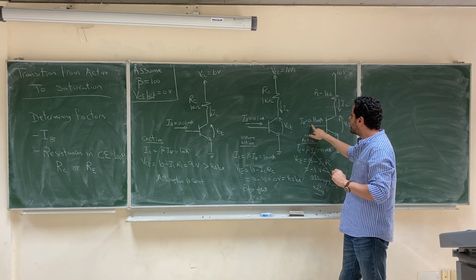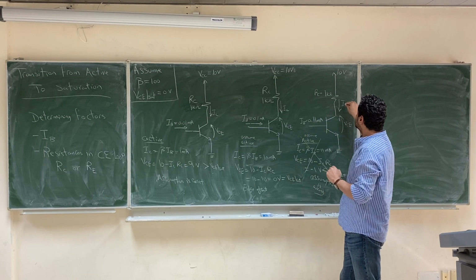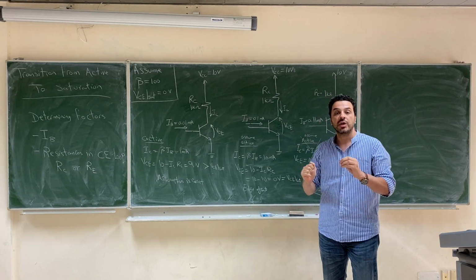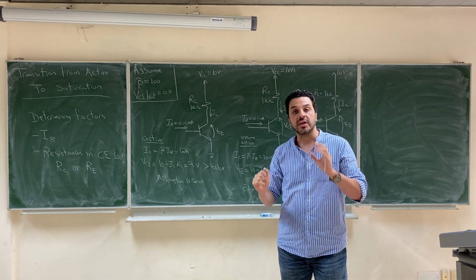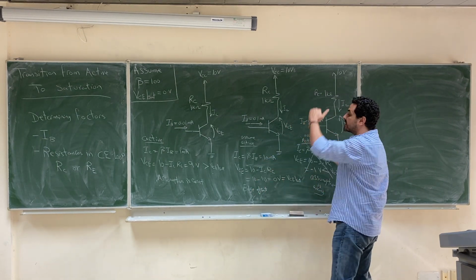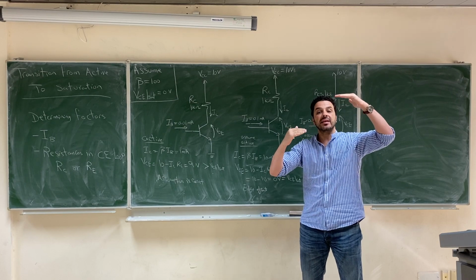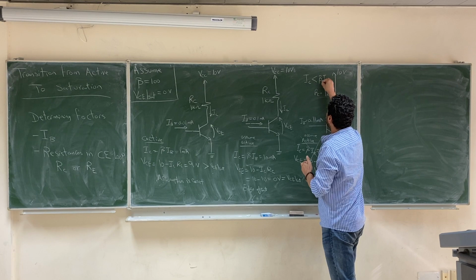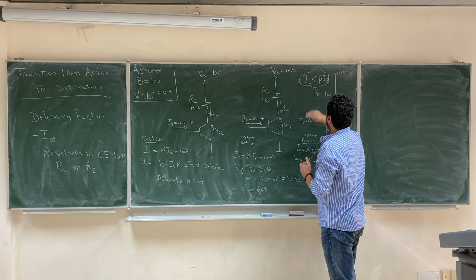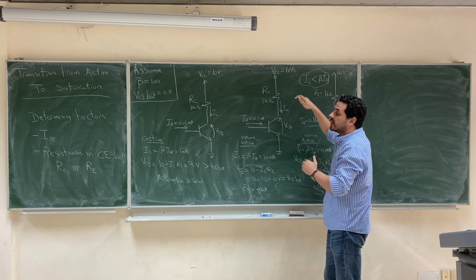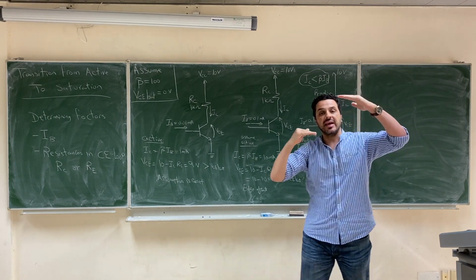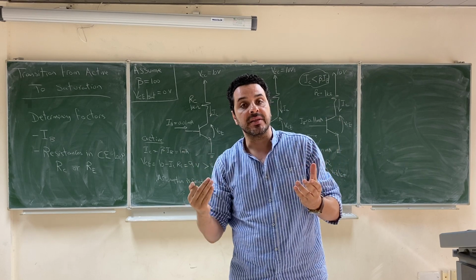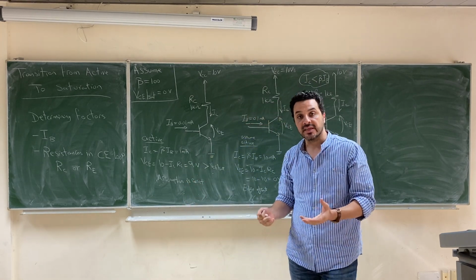Even if you increase I base, IC will stay here as 10 milliampere and the transistor will enter the saturation region. In this case, if you increase I base and IC stays, then IC became what? IC became less than beta I base, right? So if you increase I base, but IC doesn't increase with it, it will stay as it is. Then IC will become less than beta I base and the transistor enters the saturation region.